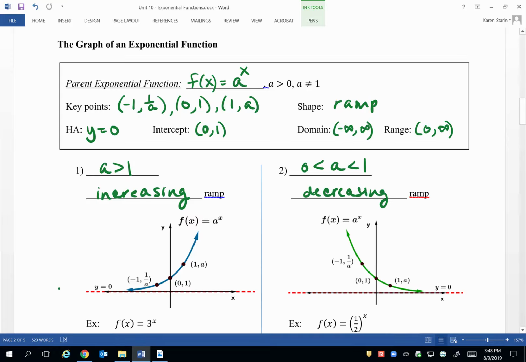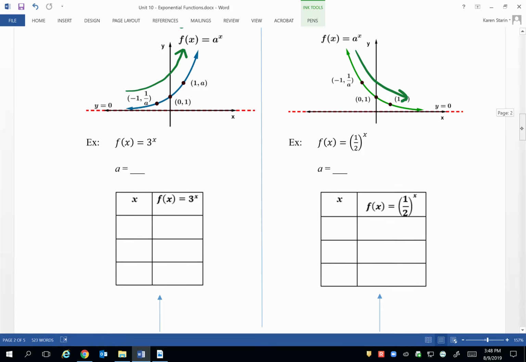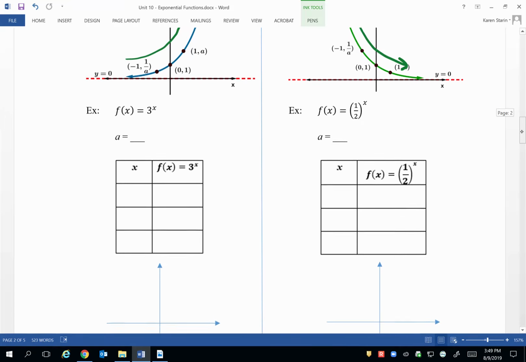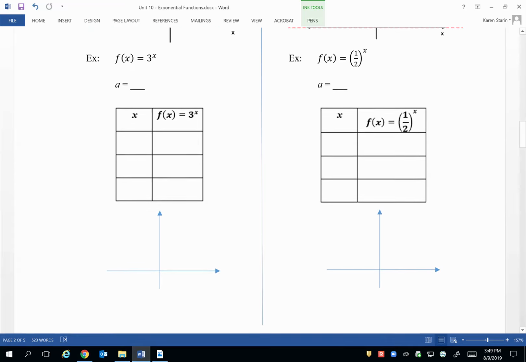But the graphs I'm showing first are just showing you how we increase exponentially if a is strictly greater than 1 on the left, and we decrease exponentially if a is between 0 and 1 on the right. Now specifically, the two examples I mentioned, let's identify a and then go ahead and make a table of values, 3 points for each, and then sketch the graph.